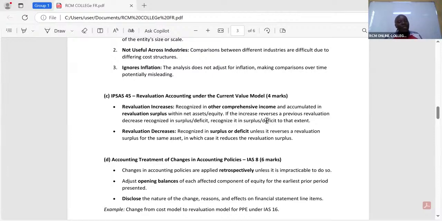If it's a revaluation increase, the moment you mention that it will go to other comprehensive income, you are a student who is really very far ahead. And any revaluation decreases are recognized in the revaluation surplus. Actually, the best way is to recognize it in the revaluation surplus. Don't go talking about deficits. That alone is okay.